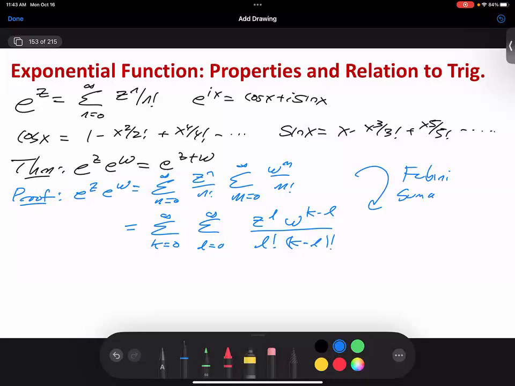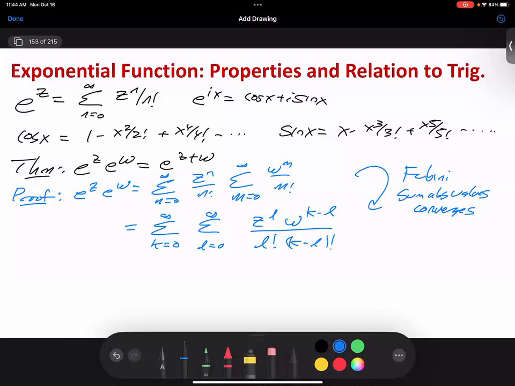The sum of the absolute values converges. And then when I multiply everything together, I can look at the product of the z's and the w's. I'll group all the terms where the sum of the exponents is 0, then all the terms when the sum of the exponents is 1, then when it is 2. So if I want all the terms when the sum of the exponents is k, if I have L powers of z, I need to have k minus L powers of w.